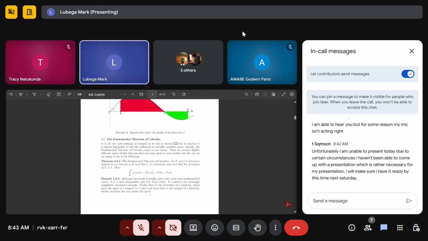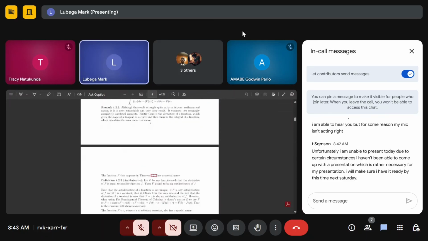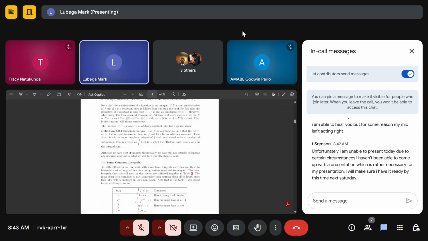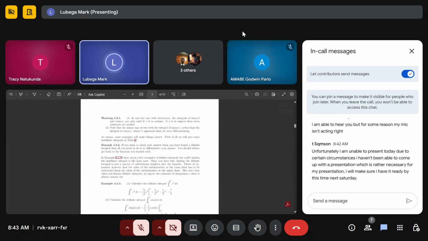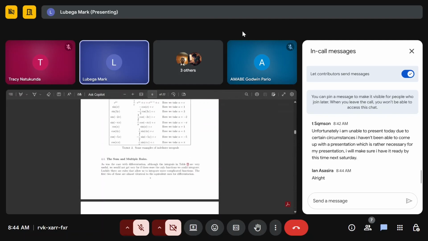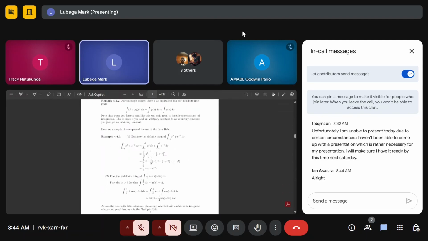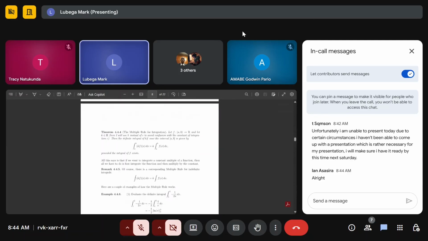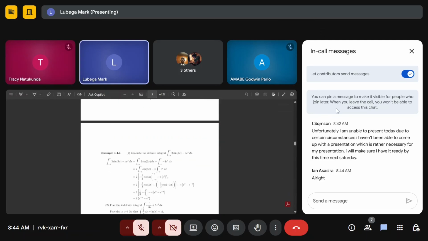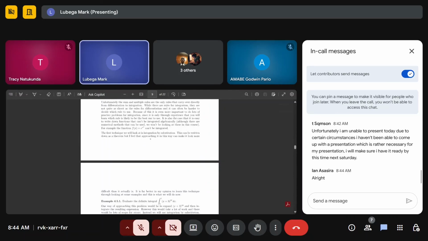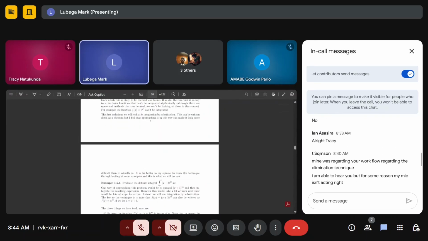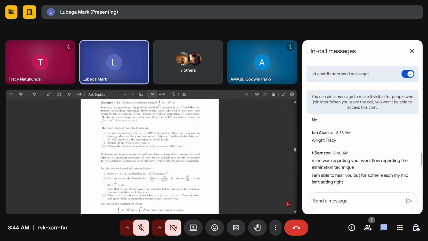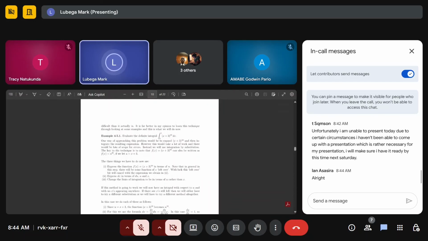Under substitution, we let a part of the function be u, or we just assign it to u to simplify it.